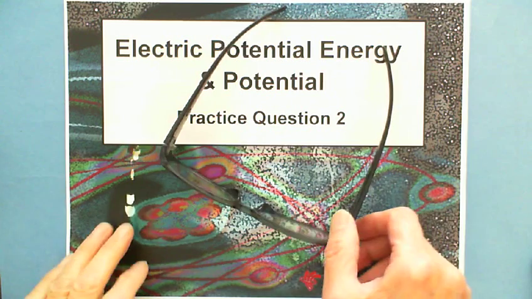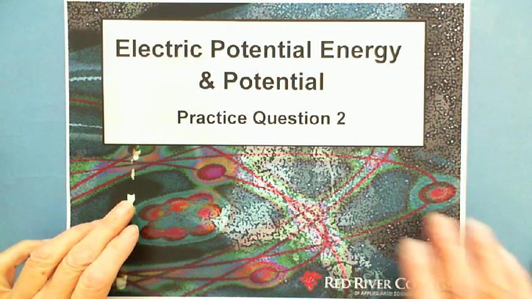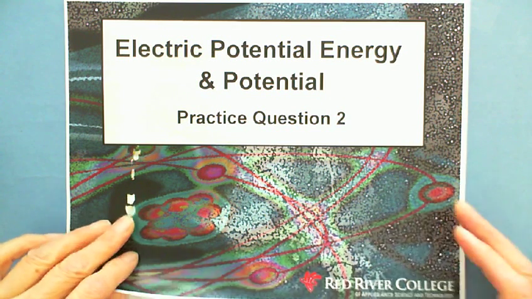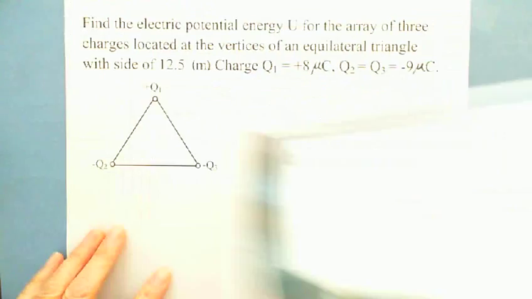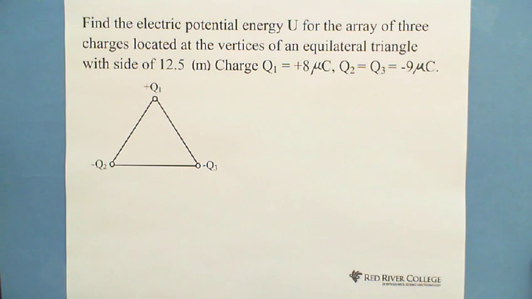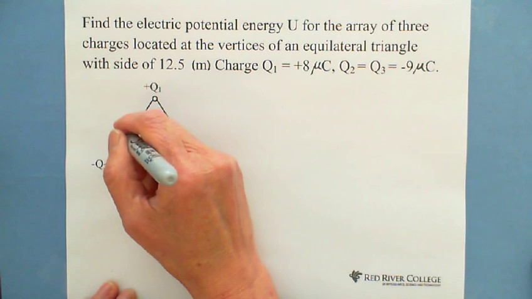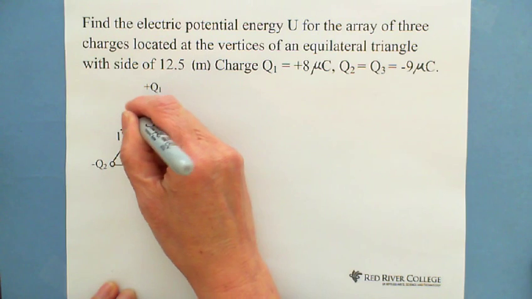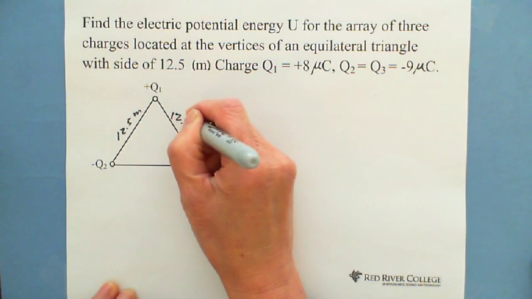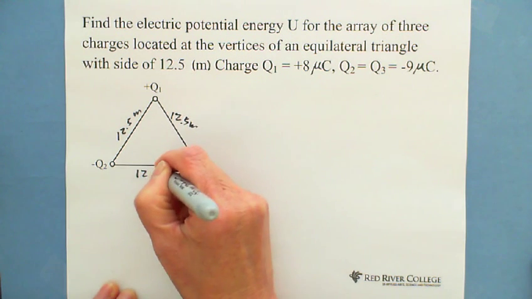Electric potential energy and potential. In this video, we're looking for the electric potential energy U for this situation: three charges are put on the vertices of an equilateral triangle, and each side is 12.5 meters.